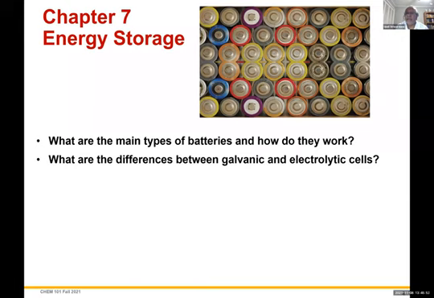For example, you can break up water with electricity into hydrogen and oxygen. That's the electrolytic cell, where electrons are used to break up the chemicals. In a galvanic cell, chemicals are used to produce an electric current.